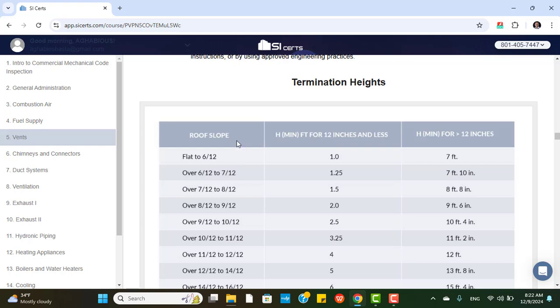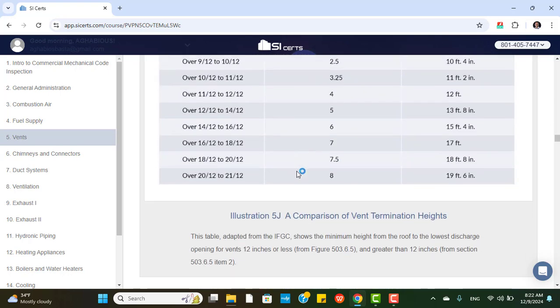Termination height for roof slope, for flat roof, or up to 6 by 12: H minimum will be 1 foot, or 12 inches. Illustration 5G, comparison of vent termination height.